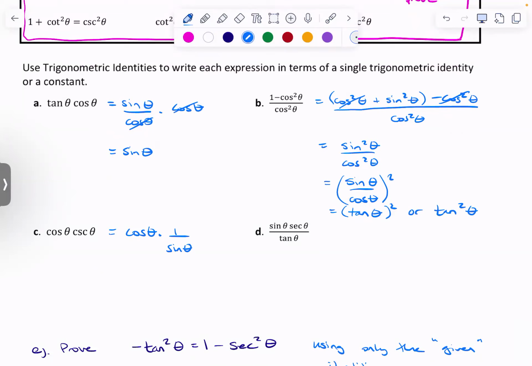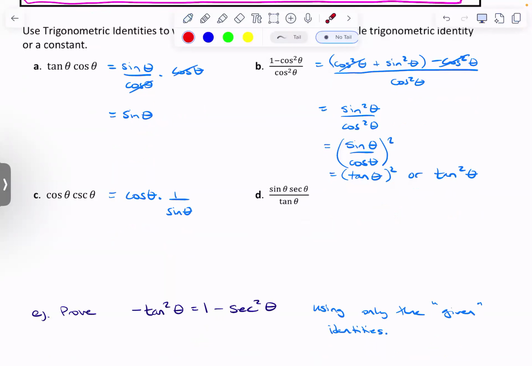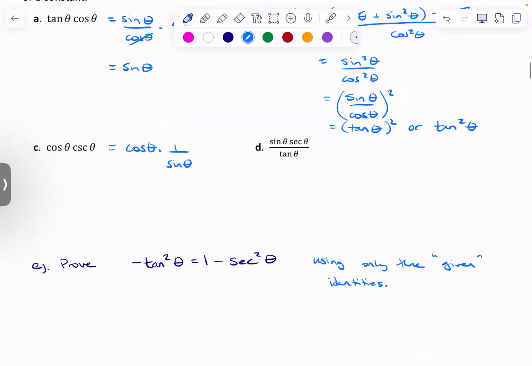There are lots of different ways that you can manipulate these. The end goal is to get a single trig identity. But this becomes cos theta over sine theta. Let's rewrite it that way.